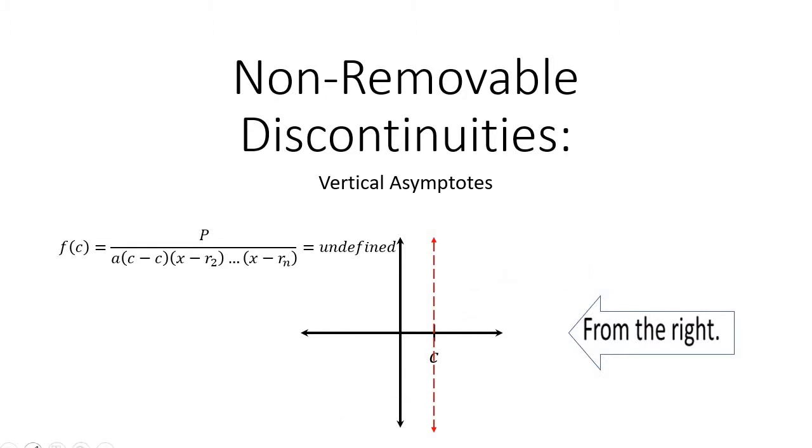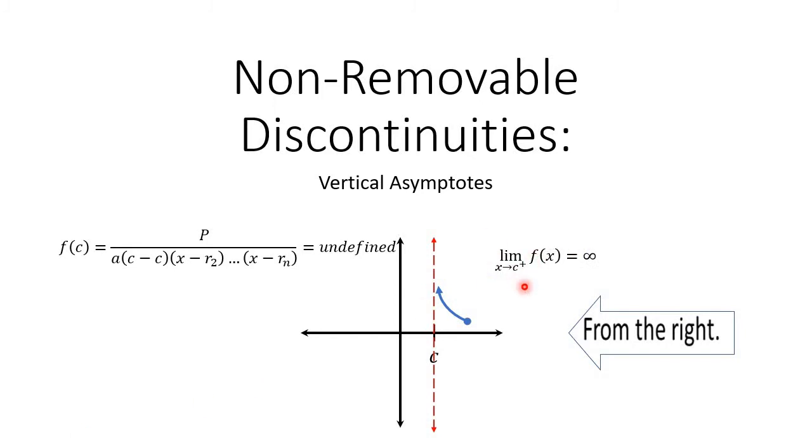And we find that the y values just continue to increase, like this. Then we will say that as you approach c from the right-hand side, the y values are approaching an infinite value. They just keep getting larger and larger, approaching infinity.